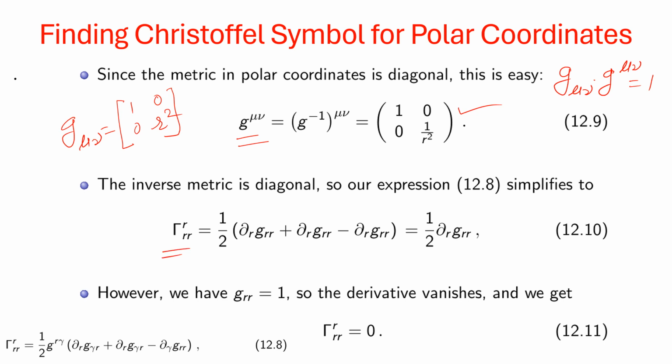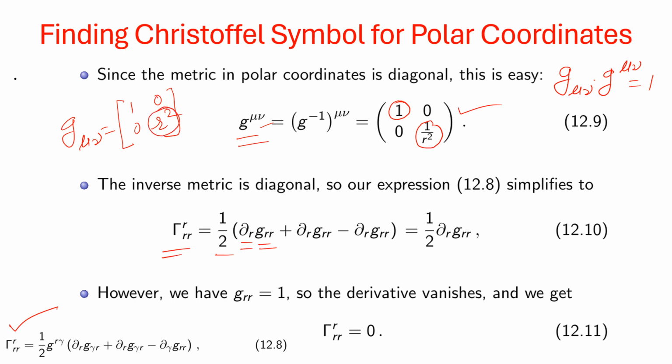The formula I have written is 1 by 2 partial derivative with respect to r of g rr. Now g rr is 1, g theta theta is r square, and for the other it is r square as well.